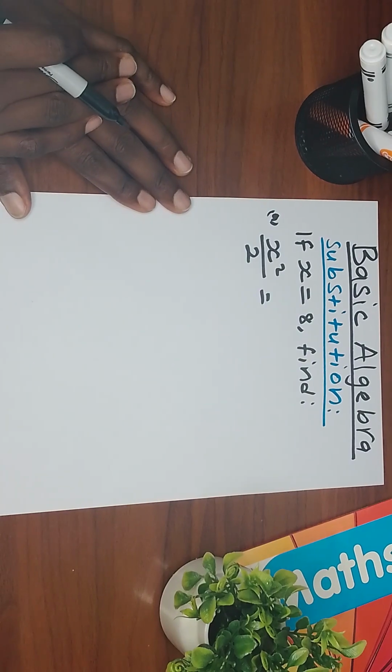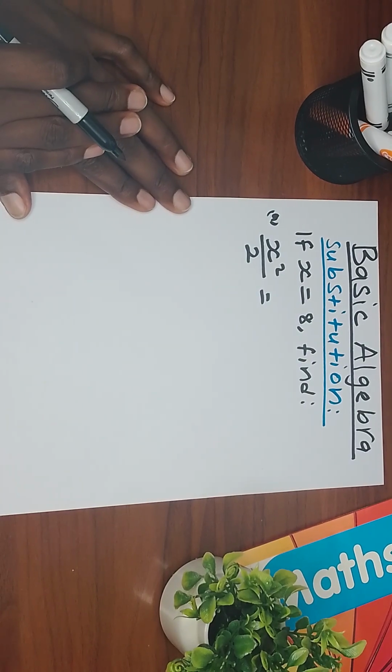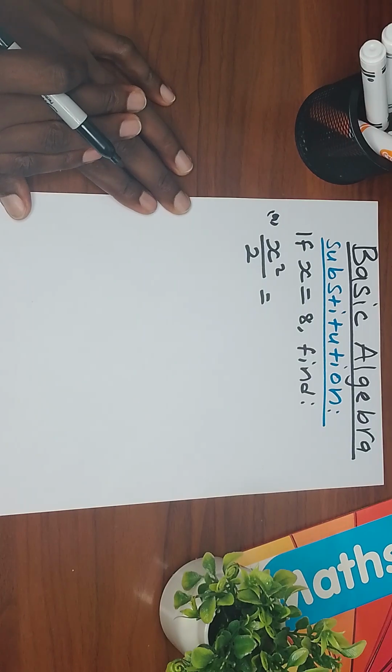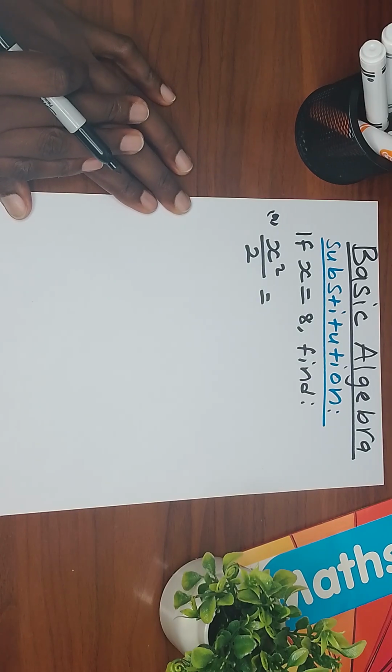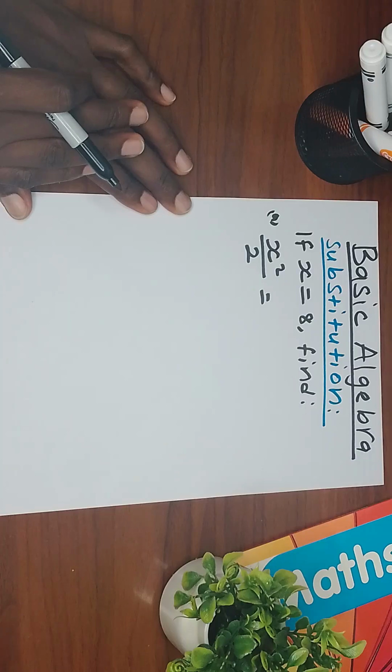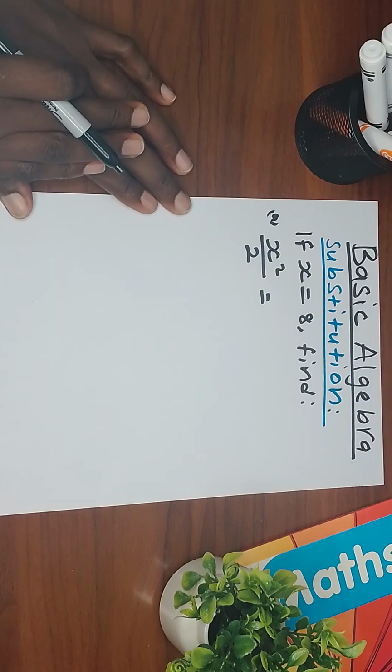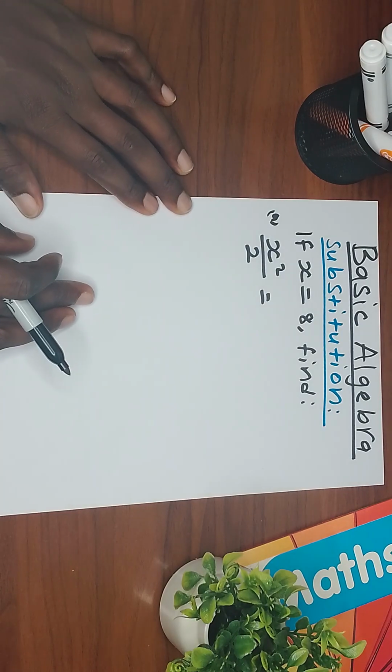Everyone, in this lesson we are going to learn how to substitute as we deal with algebraic expressions. Substitution is very key in algebra. It is to replace the letter that is being given to us with a number.